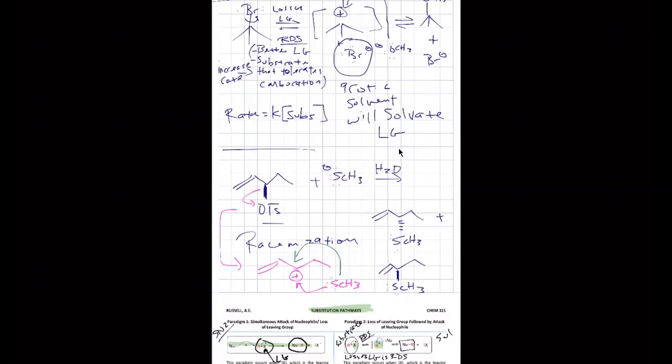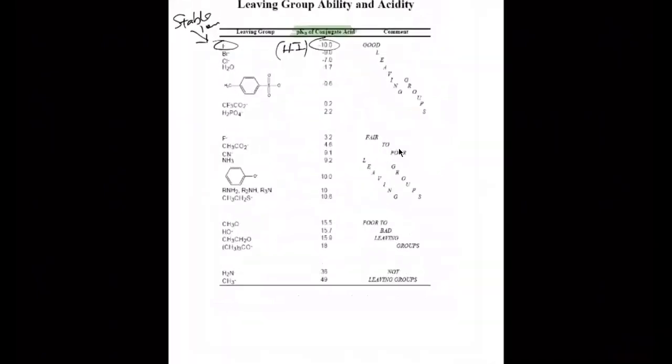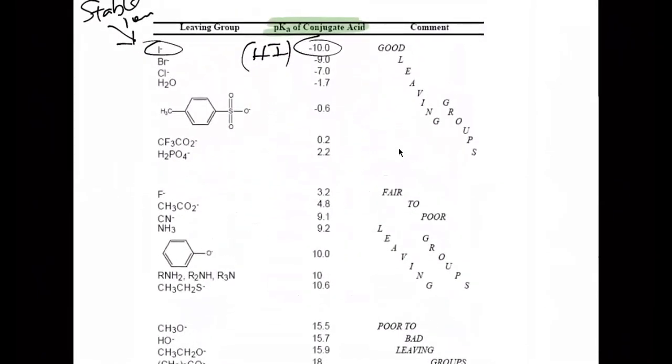All right, let's look at some examples real quick. Let me go through the leaving groups also real quick. This leaving group right here is what we call a tosylate. Sometimes you'll see it abbreviated as OTs. And this leaving group right here is a triflate.